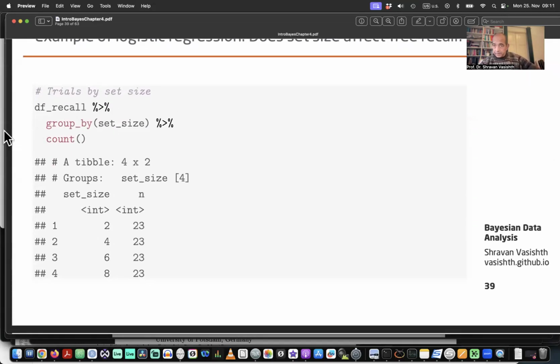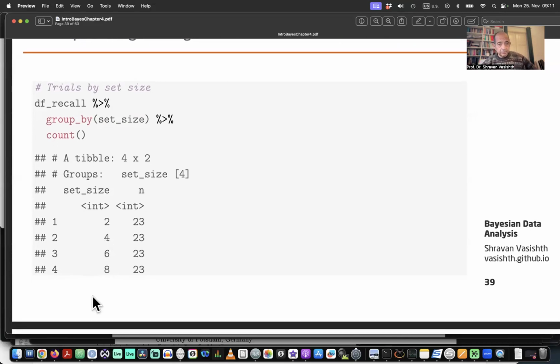What we should always do before we start analyzing data is to check the structure of the data. If you run this command here, you'll see that we have 23 data points for each of the set size levels, 2, 4, 6, and 8.